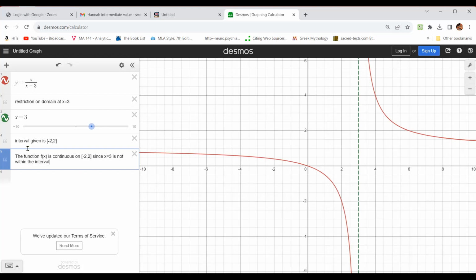If it were, then we'd have a discontinuity on the interval. So it's continuous. That's the first condition.